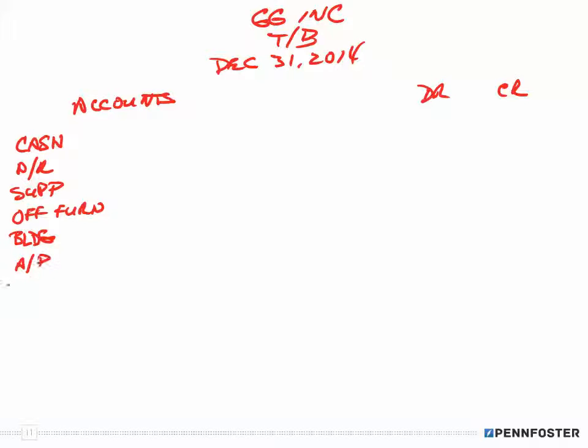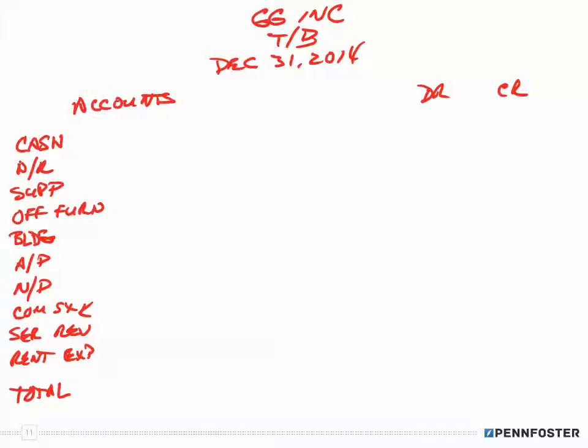Then accounts payable, notes payable, common stock, service revenue, and rent expense. And of course, I'm going to have a total of all of my debits, and a total of all of my credits. All right, so this is the listing.